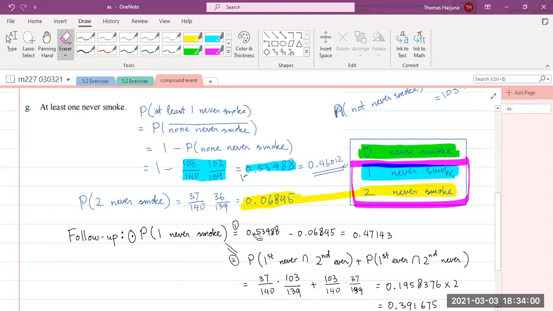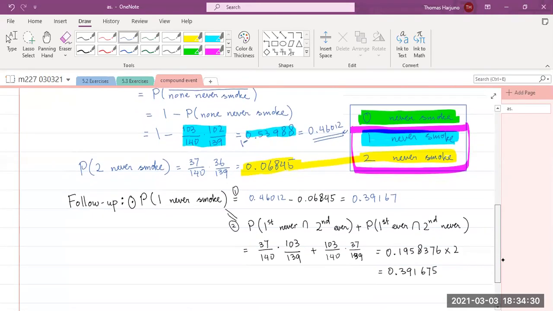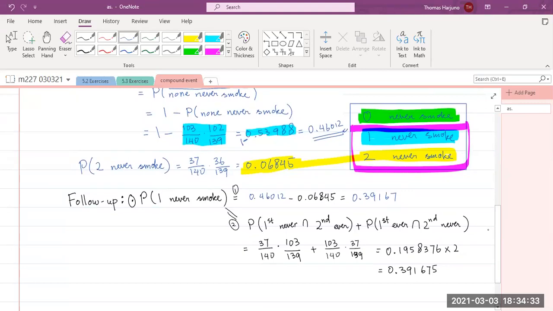Okay, now let me change this one. That was a wrong number earlier, right? So this is 0.46012 minus that number. I get 0.391673. I have some rounding earlier.